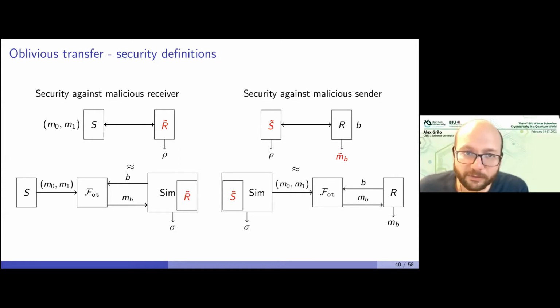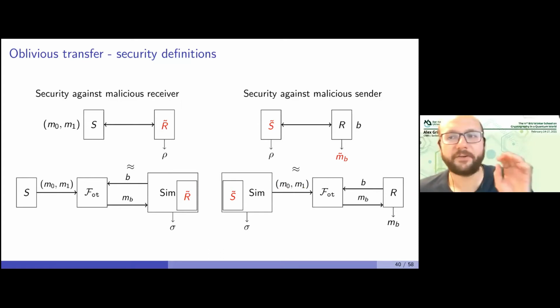So the key point is that the simulator, leveraging the ability to run the malicious sender backwards and forward, should extract both messages from the malicious sender to be able to input them to the ideal functionality. And this is the security definition of OT that you need in order to construct MPC protocols.